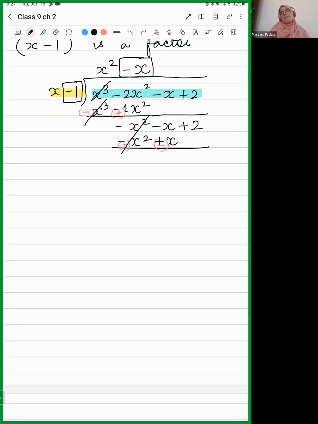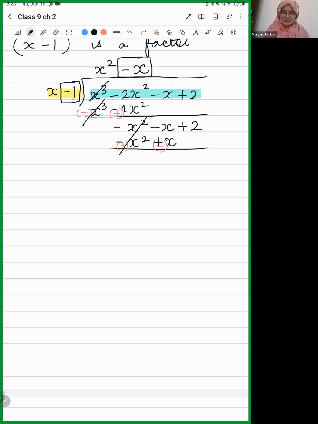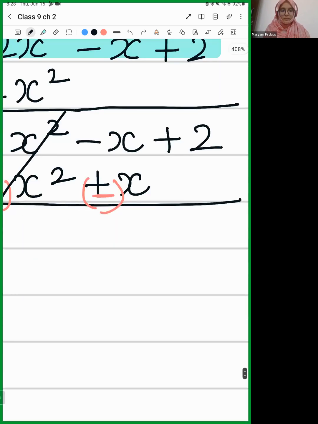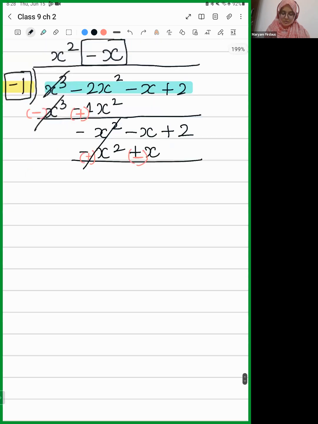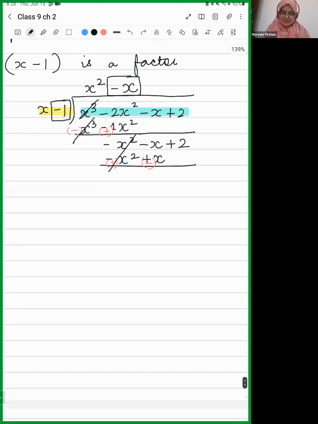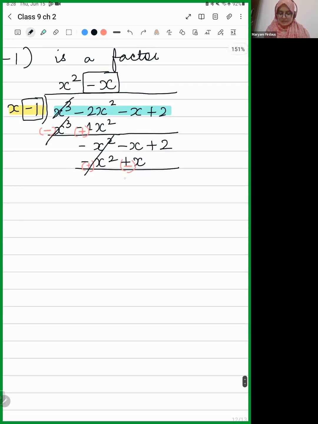Look at the signs over here, minus x and minus x. Clear? Okay. So this becomes minus 2x. Then we bring down positive 2.